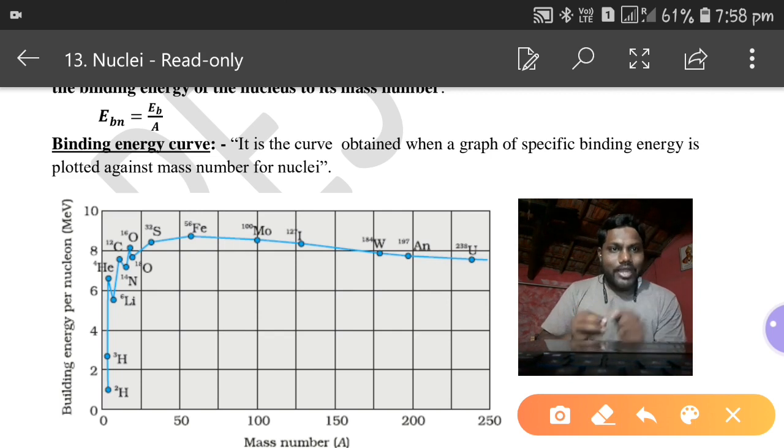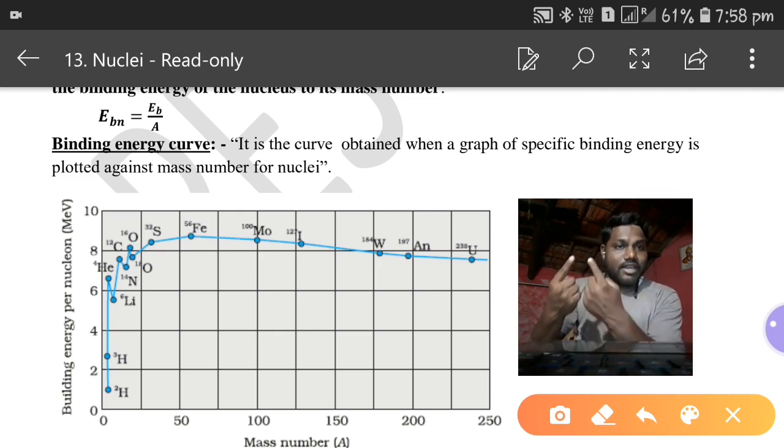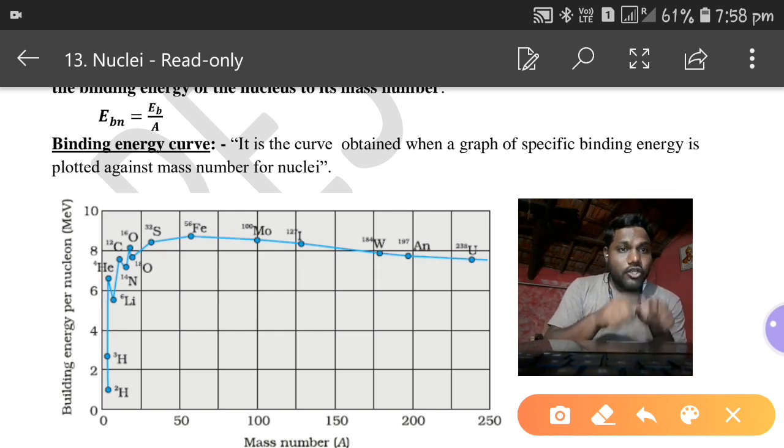The nuclei with an even number of protons and an even number of neutrons are more stable as compared to the nuclei with an odd number of protons and an odd number of neutrons, because they have the highest binding energy per nucleon. So this is one more important characteristic of the binding energy curve.